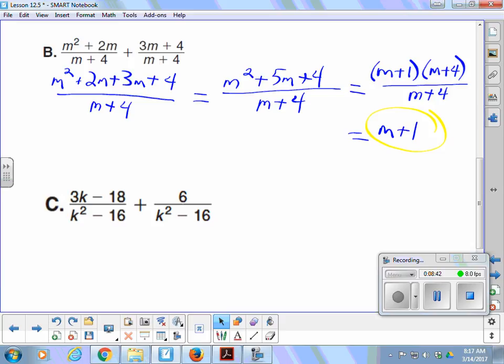Now you need to put that underneath it, and then you can simplify it.